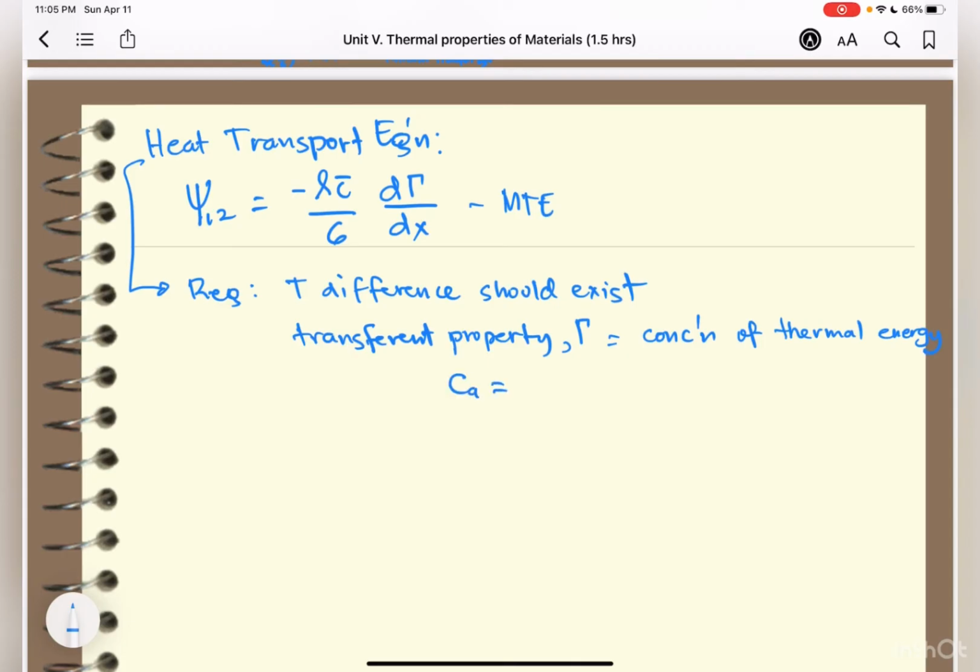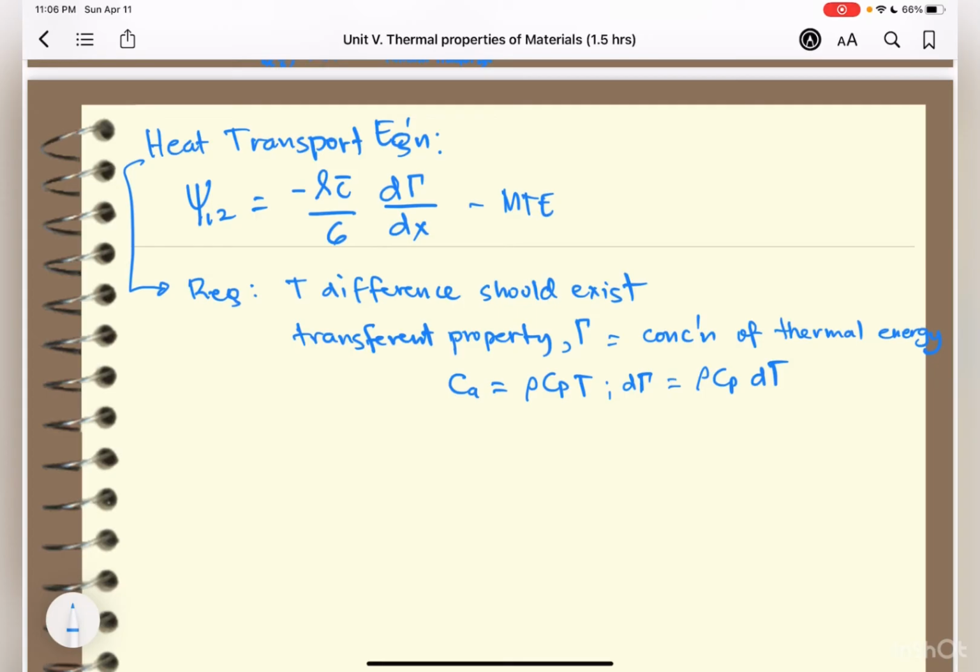It would therefore be rho Cp T. The derivative of your transferent property, d gamma, would be equivalent to rho Cp dT. Take note, your rho and Cp are of course constant.